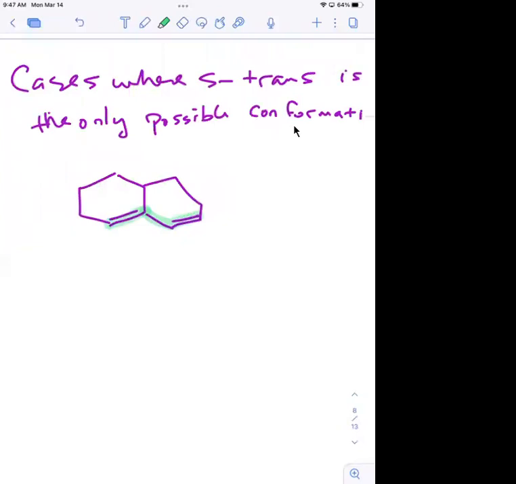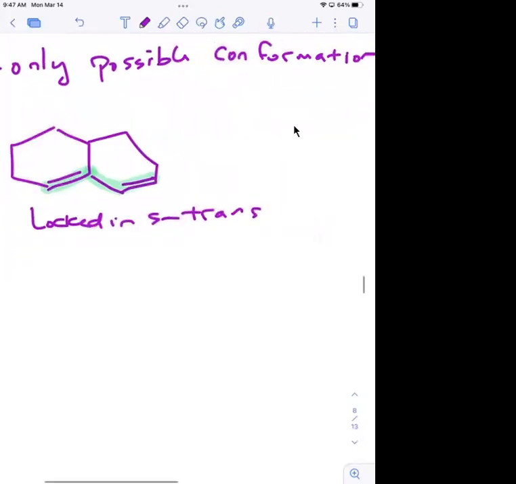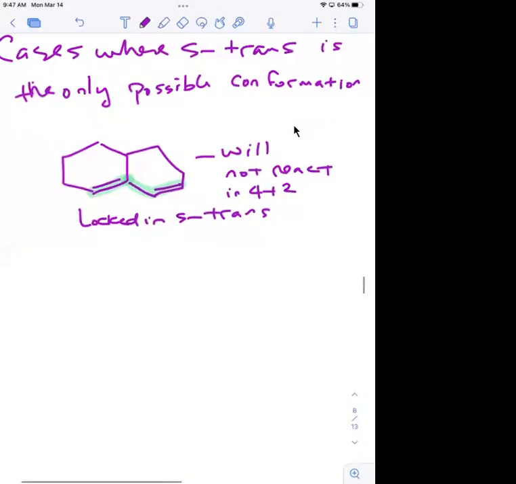They're part of the ring, and so this is locked. So this will not react. That's not going to react in a 4 plus 2 because the diene can't adopt the proper conformation.